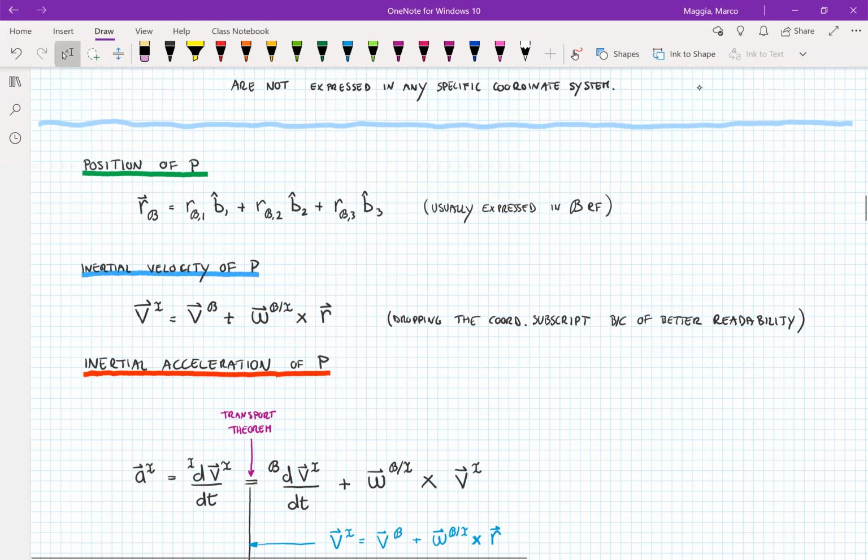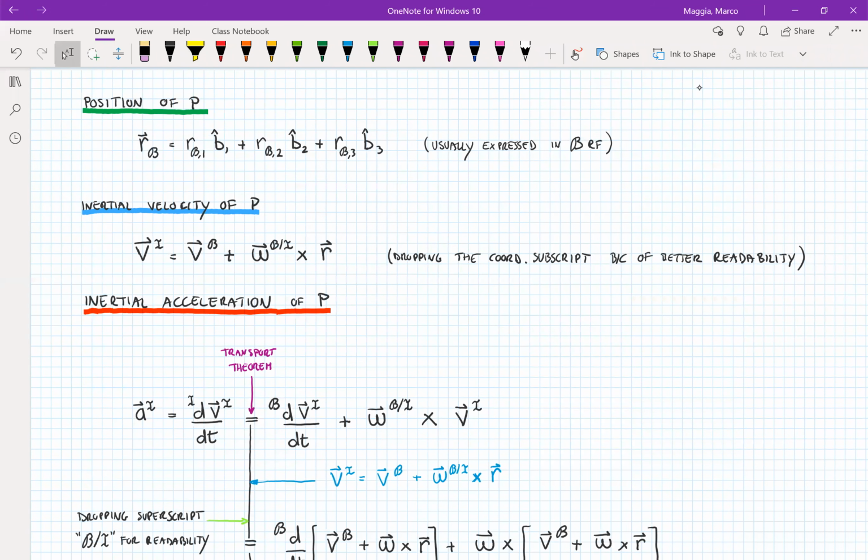All right, so let's now find the expression for the inertial acceleration of P, and then we're going to see a couple of applications of this.